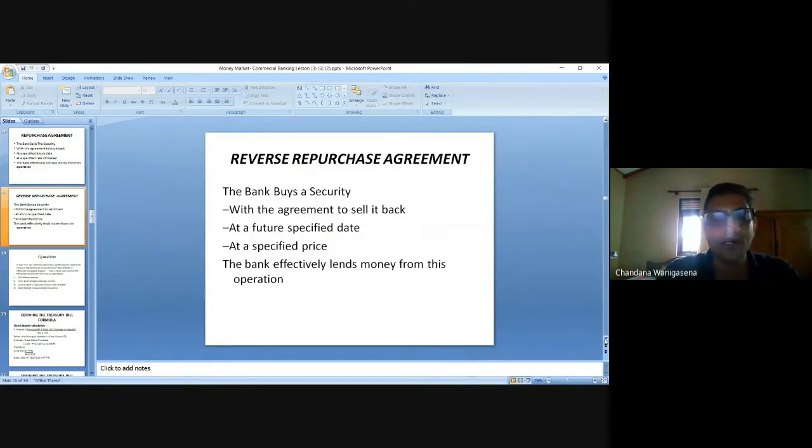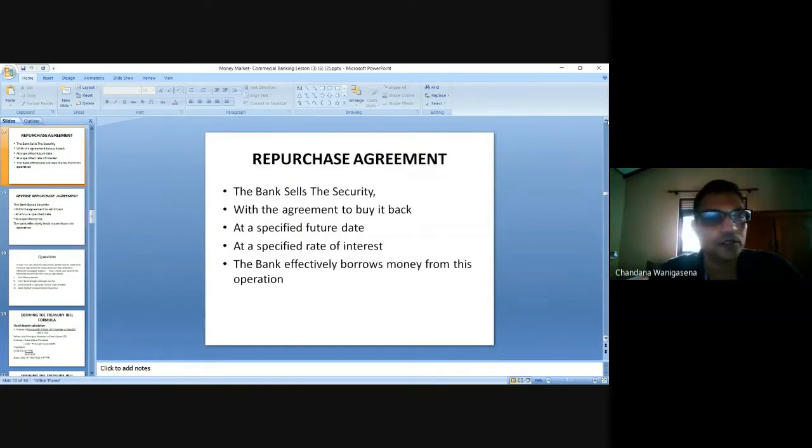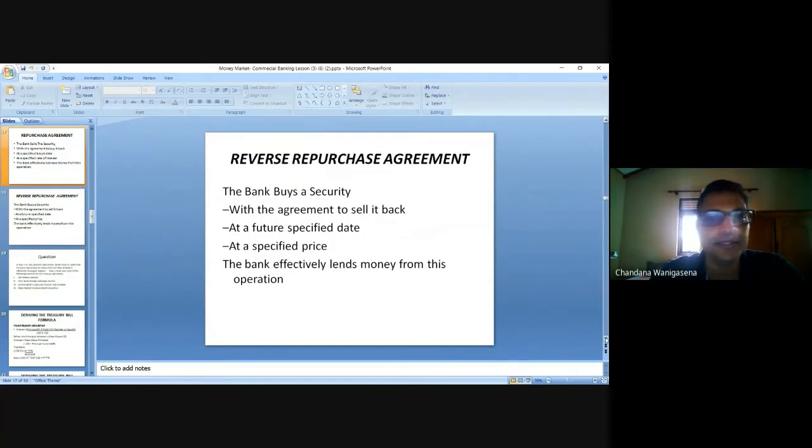That's how you have to interpret it: banks lend, but with regard to the central bank, it's the opposite. When the central bank buys a security, it effectively accepts deposits at the deposit rate. Reverse repurchase agreement is the opposite. So that is also done.